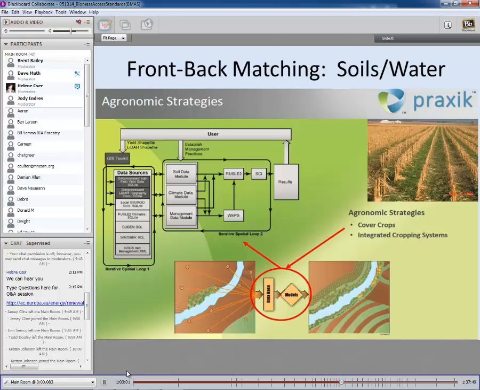And as she mentioned, there is a wealth of existing tools, data sets, workflows for assessing performance and improvement across these different sectors.